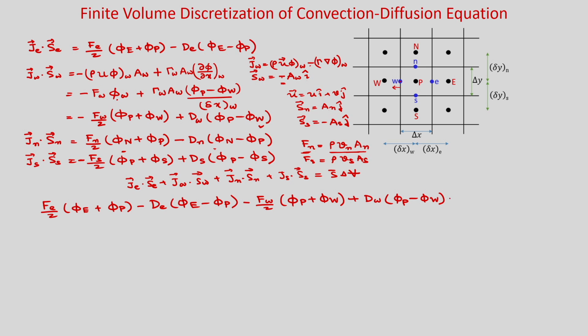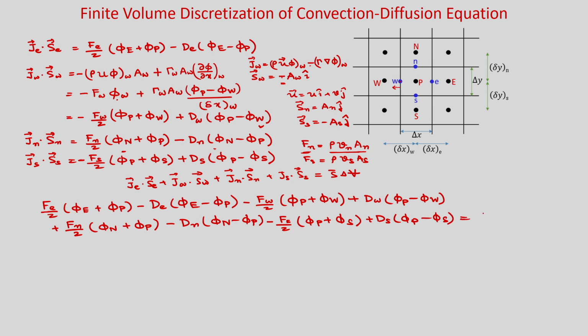Now, for the north face, the fluxes: plus F_n by 2 times phi_N plus phi_P minus d_n times phi_N minus phi_P, minus F_s by 2 times phi_P plus phi_S, and you have plus d_s times phi_P minus phi_S equal to S bar delta V. Okay.